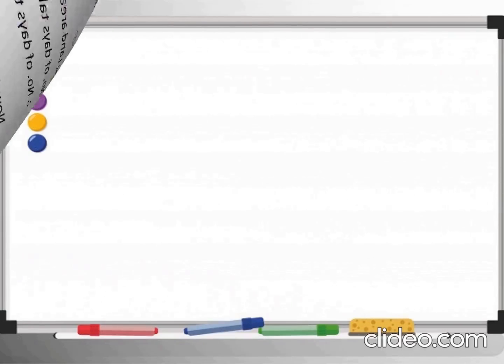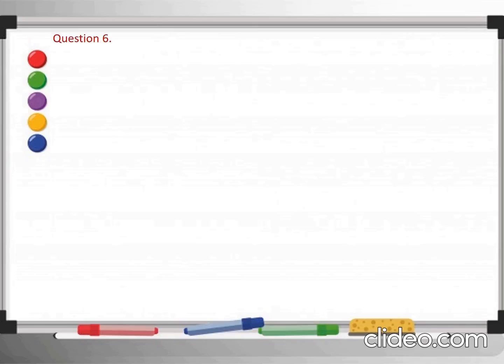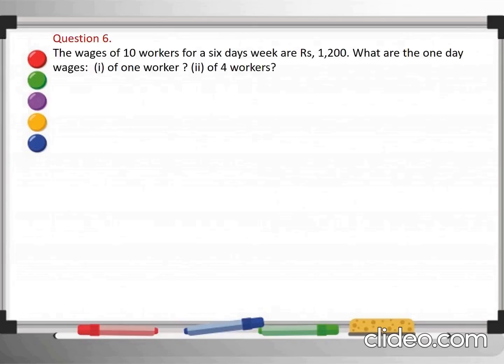The wages of 10 workers for a 6 days week are rupees 1200. What are the 1 day wages of 1 worker and of 4 workers? Here what is given? The wages of 10 workers for 6 days equals rupees 1200.